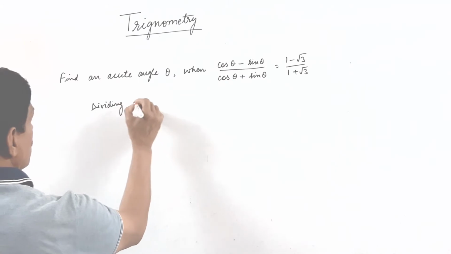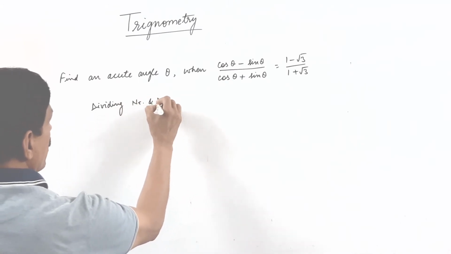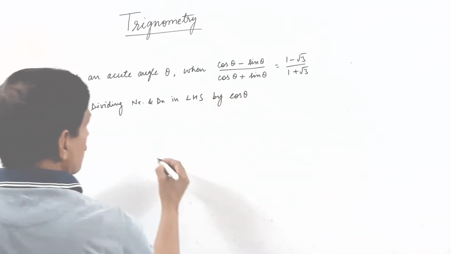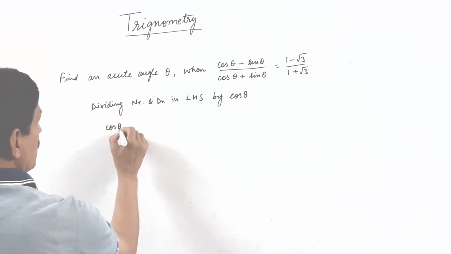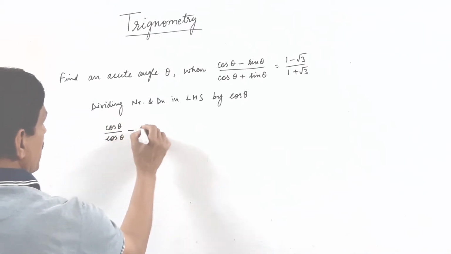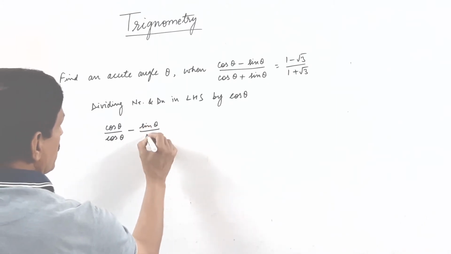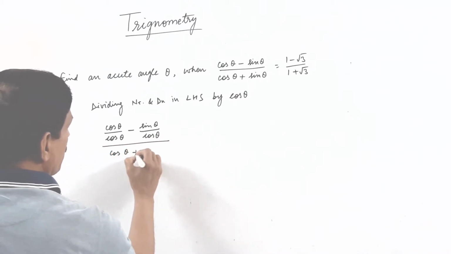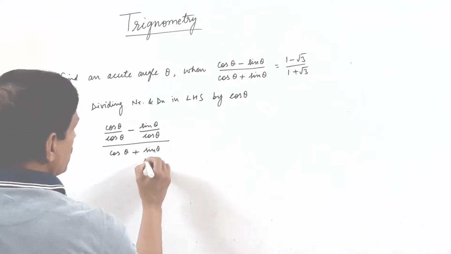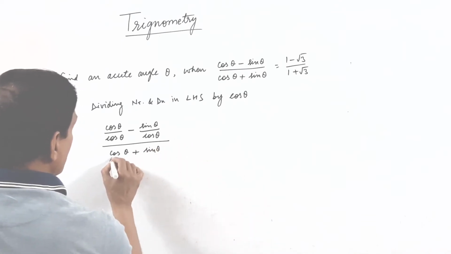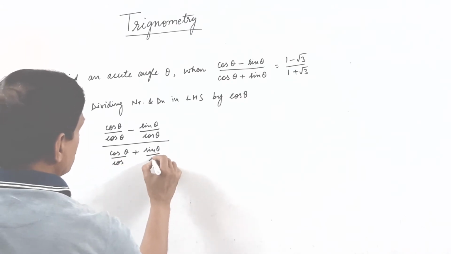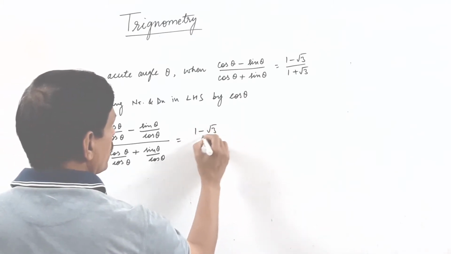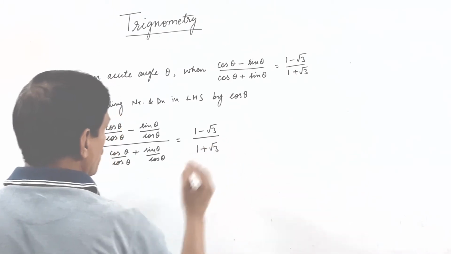Dividing numerator and denominator in LHS by cos theta, so this is cos theta upon cos theta minus sin theta upon cos theta upon cos theta upon cos theta plus sin theta upon cos theta, is equal to 1 minus root 3 upon 1 plus root 3.